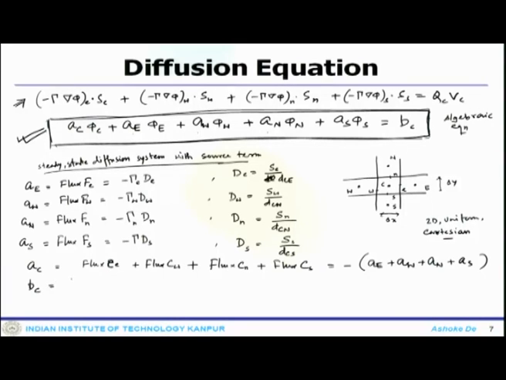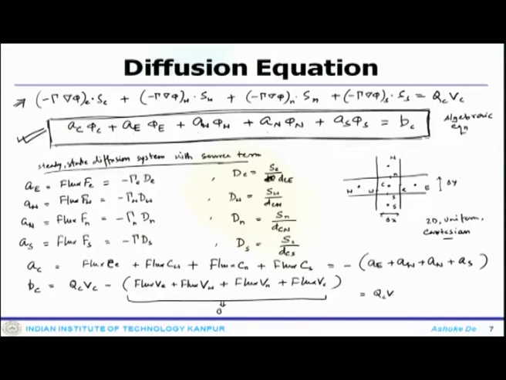So, BC is QC VC minus all your flux VE plus flux VW plus flux Vn plus flux Vs. And since all these fluxes for this particular case lead to 0, this will remain as QC VC.